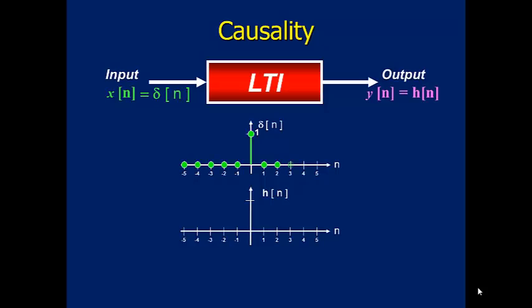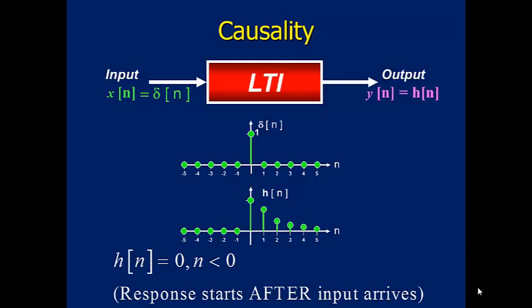So if we're putting in a unit sample sequence, the unit sample response better not start any sooner than when I put the 1 in. If my unit sample sequence is a 1 at n equals 0, all the negative values of n better have sequence values of 0. If any of them is non-zero, then I responded before I got hit. That's an anticipating system. That's not a causal system.